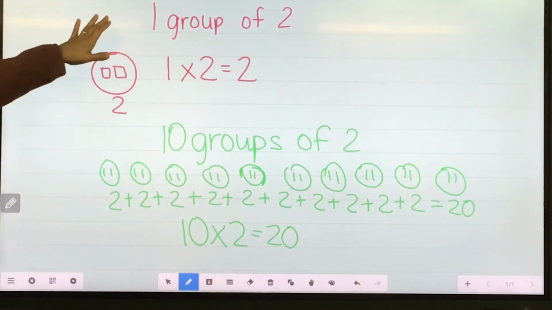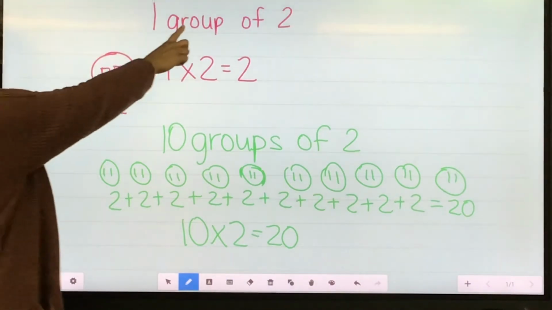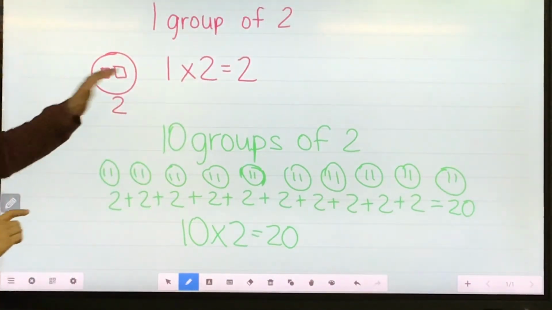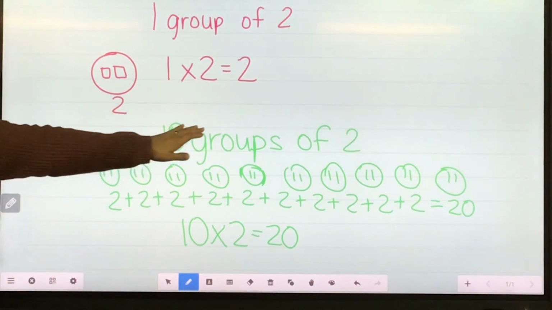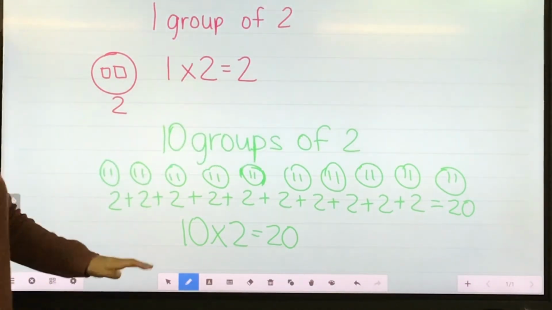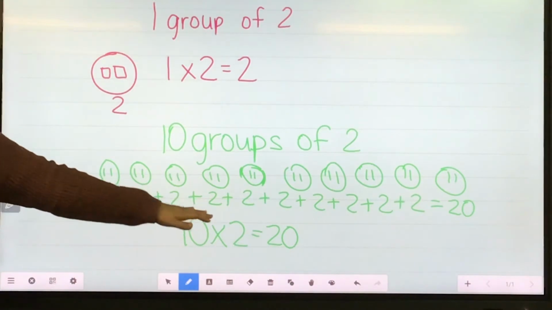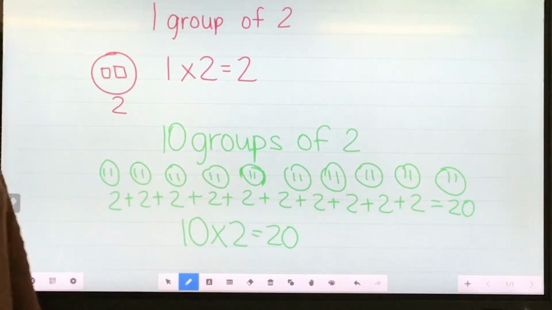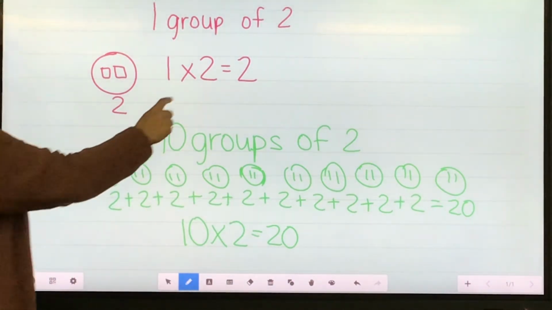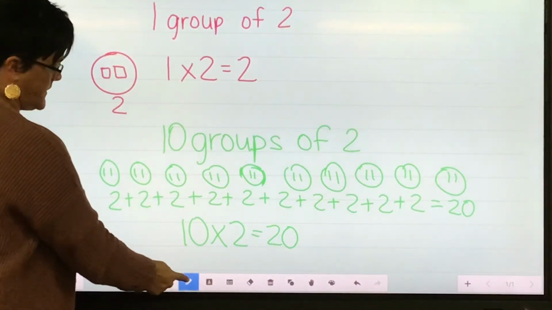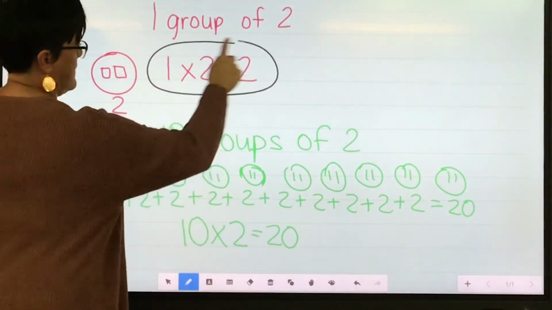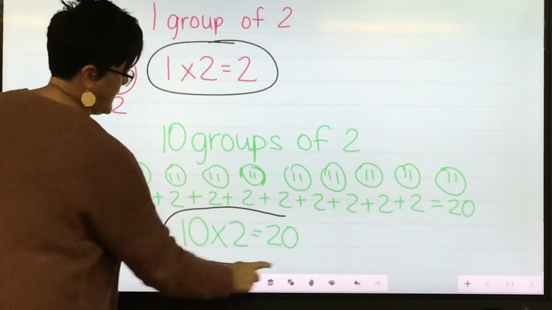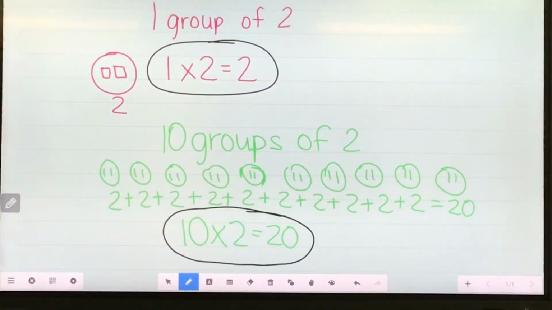Look up here. We had one group of 2, which is 1 times 2 equals 2. 10 groups of 2, that's 10 times 2 equals 20. Do you see a similarity between the multiplication equations?